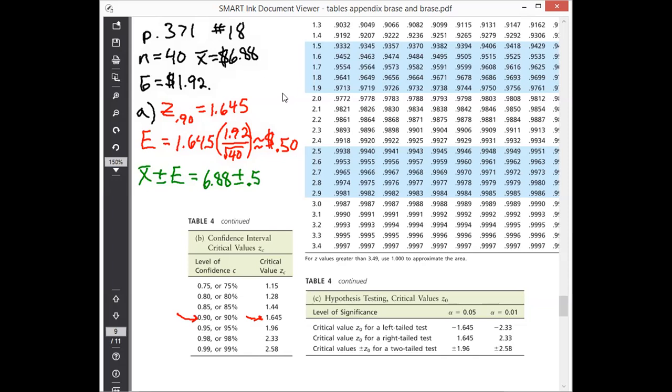And round that to the nearest hundredth place. And so what we're going to get is $6.38 up to $7.38.